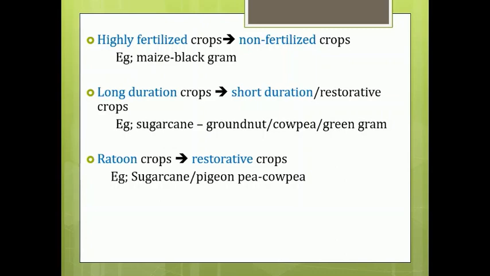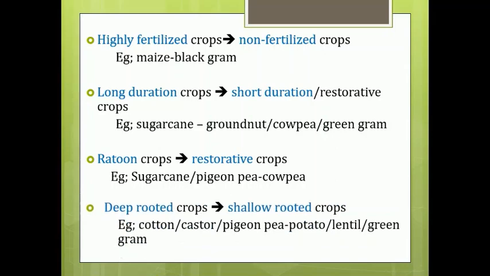Ratoon crops should be followed again by restorative crops. Sugarcane and pigeon pea, like ratoon crops, should be followed by restorative crops like cowpea or green gram. Deep-rooted crops such as cotton or castor or sometimes pigeon pea should be followed by shallow-rooted crops like potato, lentil or green gram.